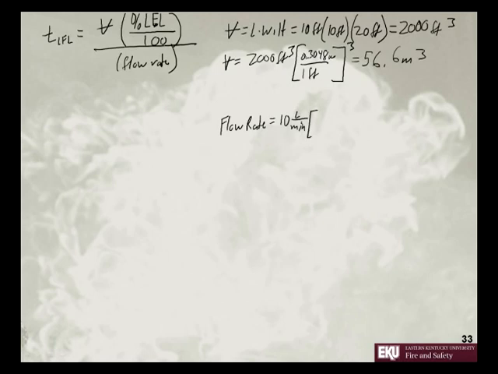So we can say there's 1,000 liters per 1 meter cubed, and there are 60 seconds in 1 minute. This is one of the reasons I like this block method, is I can change multiple units at the same time without having to draw out so much. So we have 10 divided by 1,000 divided by 60.